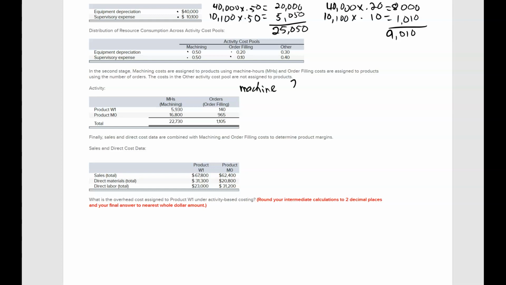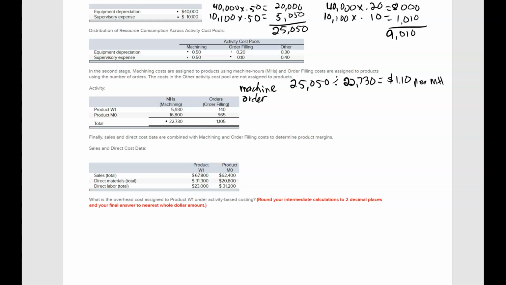For the machining, take the number we just calculated, divide it by the machine hours. We get $1.10 per machine hour.